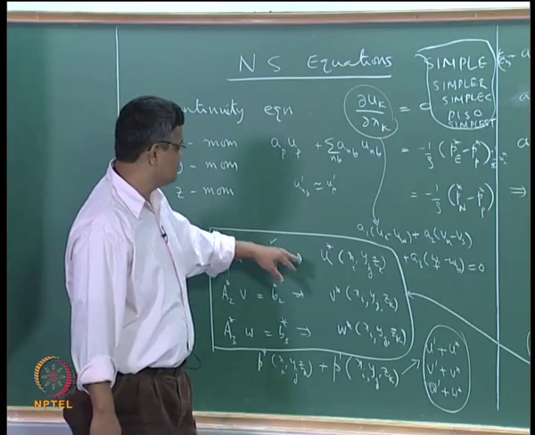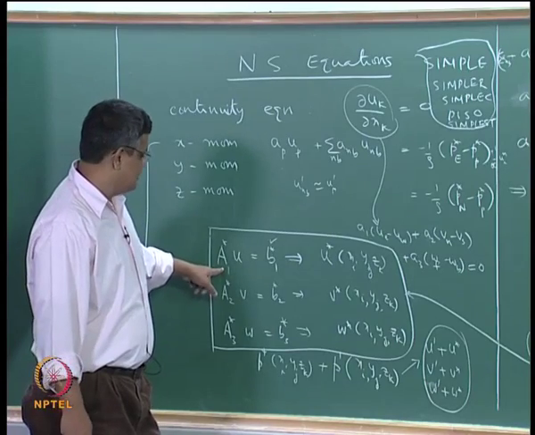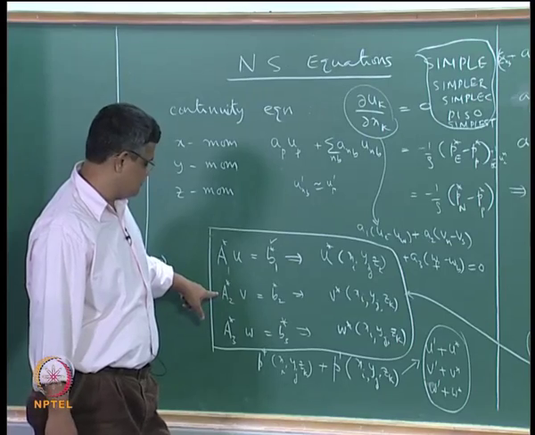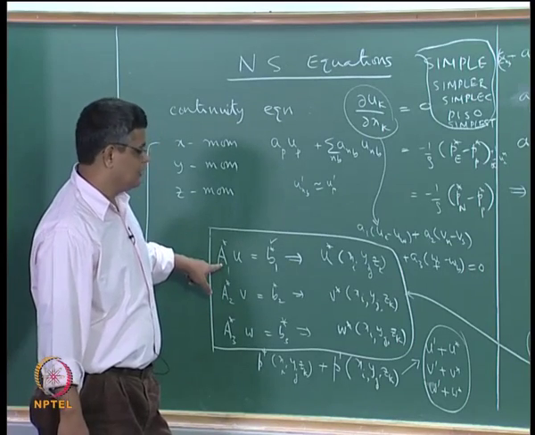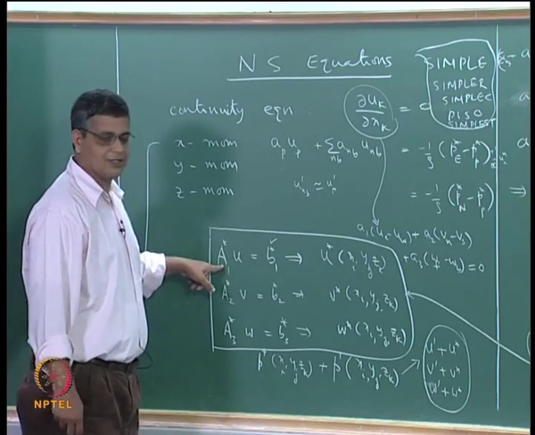That assumed value of v will come in as part of the coefficient here. The next time round, that assumed value will change because you have got a new value of v, and therefore from one iteration to another the coefficient here changes.